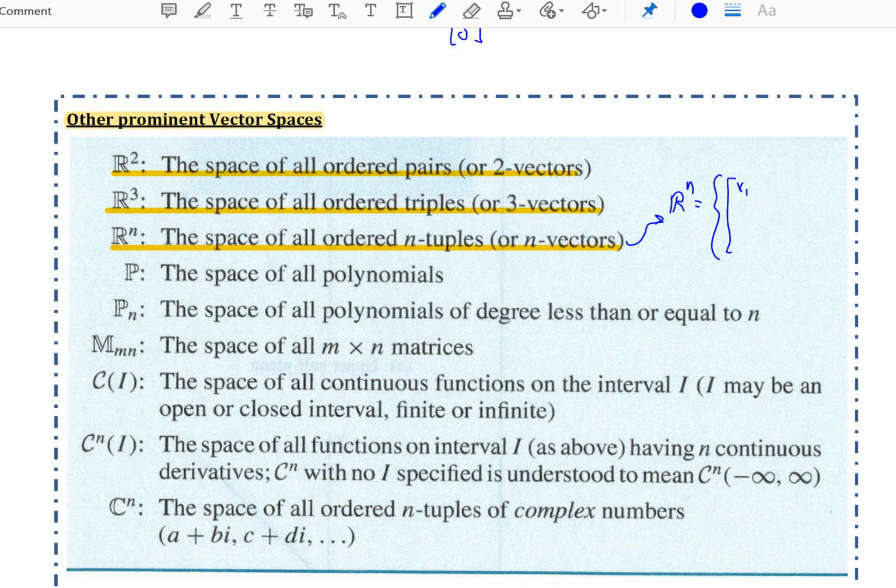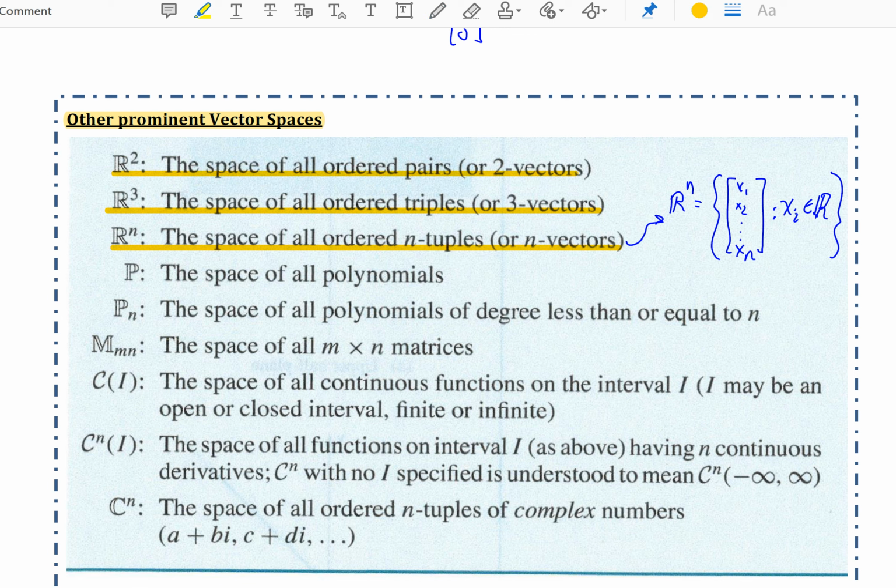So x1, x2, dot, dot, dot, xn, n components, such that each xi is an element of the real numbers. That's a terrible R. Let me try that a little better. Where each of your elements xi is a real number. Okay.